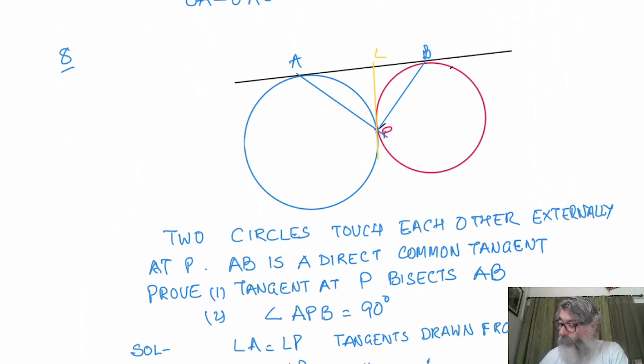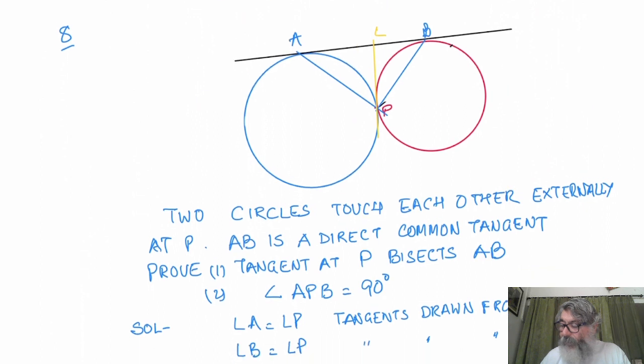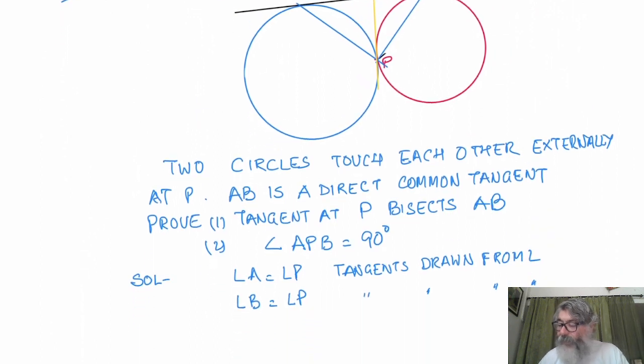Now, in the first case, LA is equal to LP, we are drawing tangents to the circle shown in blue. While when I am saying LP is equal to LB, then I am drawing tangents to the circle shown in red. So LA is equal to LP, LB is equal to LP. That means LA is equal to LB is equal to LP.